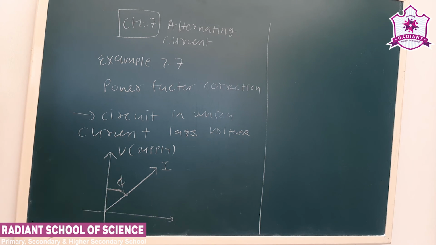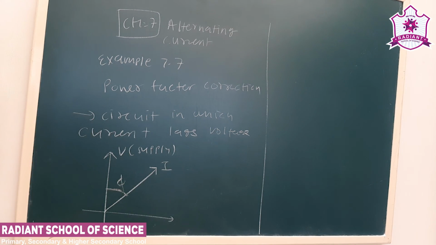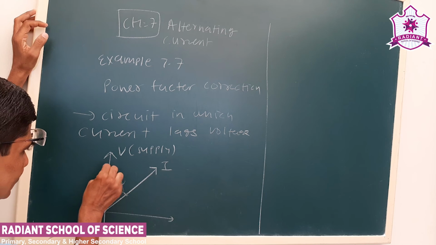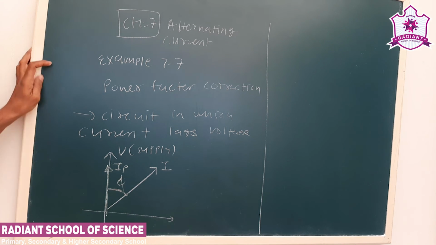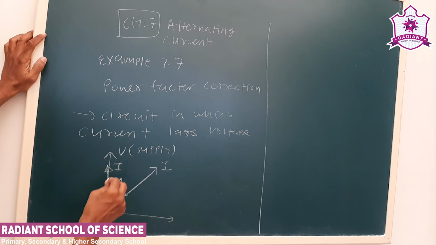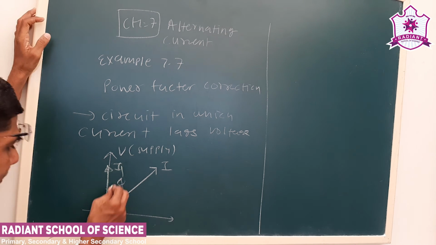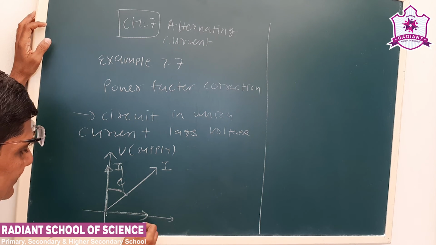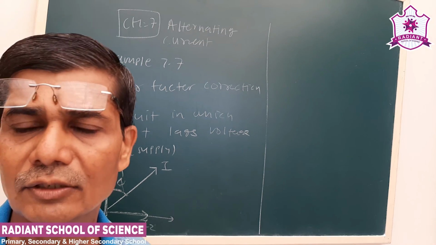By the definition of components of a vector, this current I can be divided as I1 and I2. Let us say I1 is in the direction of the supply voltage, and the other one is I2. We have divided it into two rectangular components.